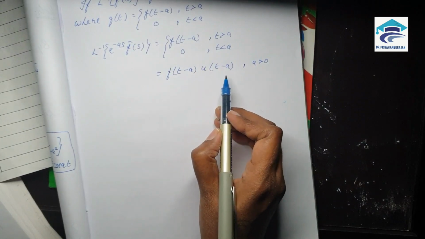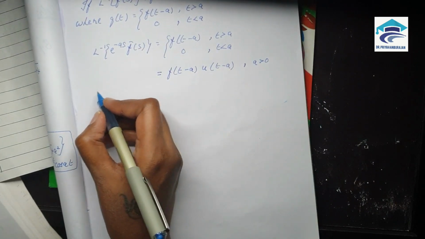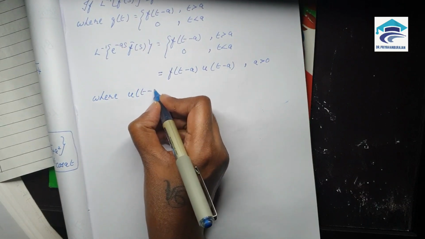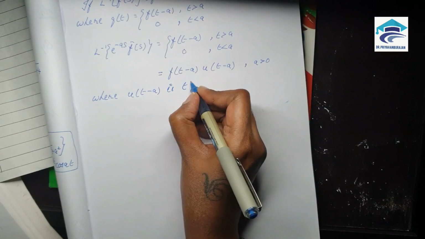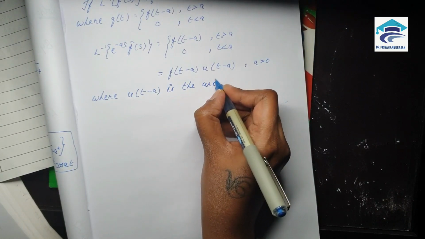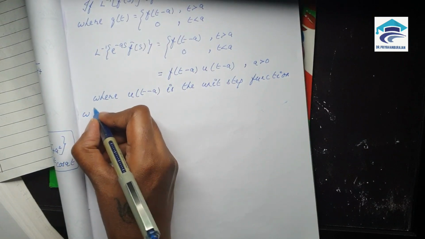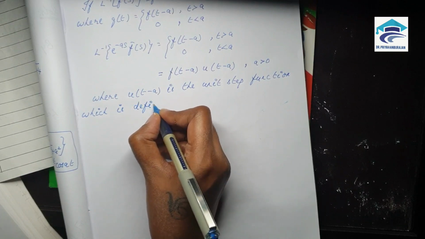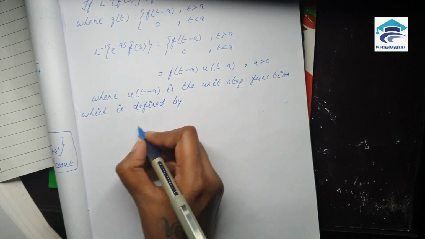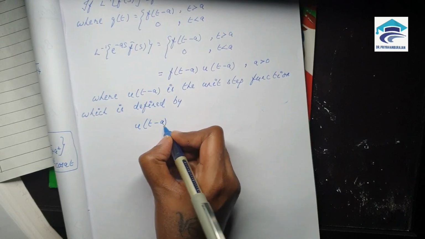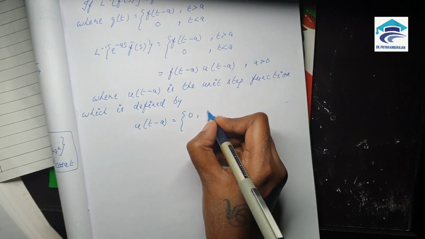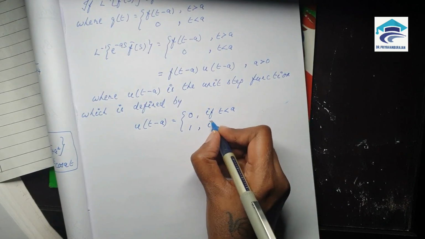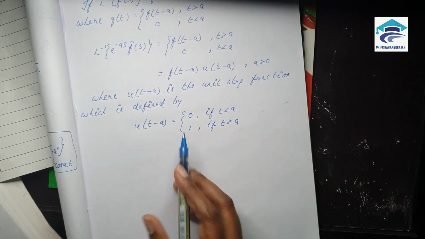This u of t minus a is called the unit step function, which is defined by u of t minus a equal to 0 if t is less than a, and 1 if t is greater than a.